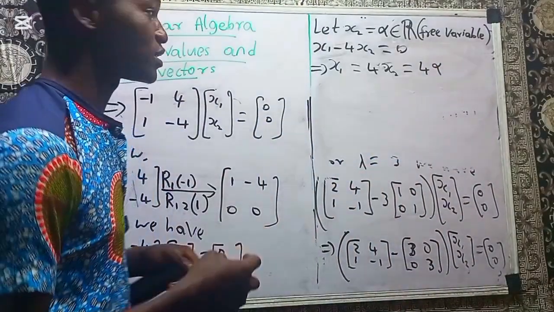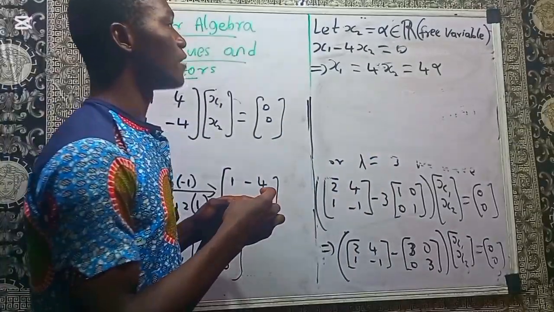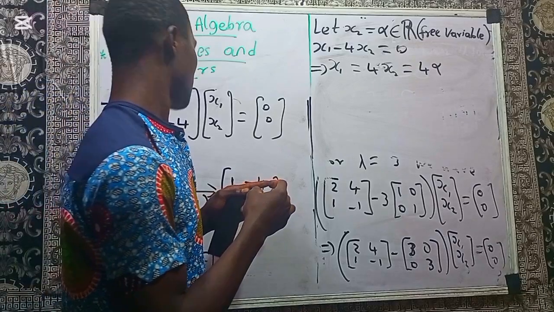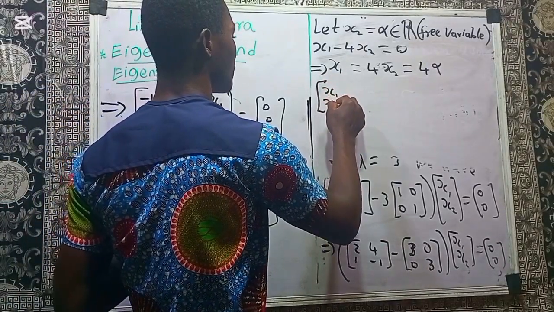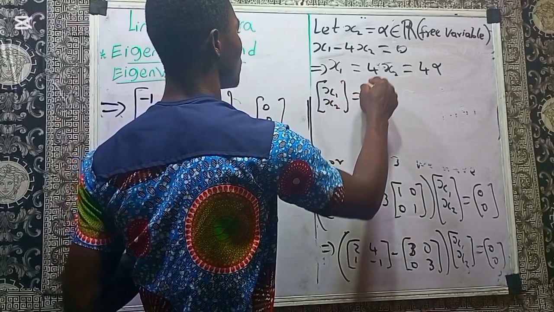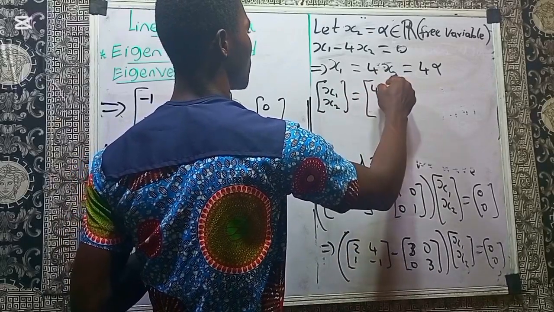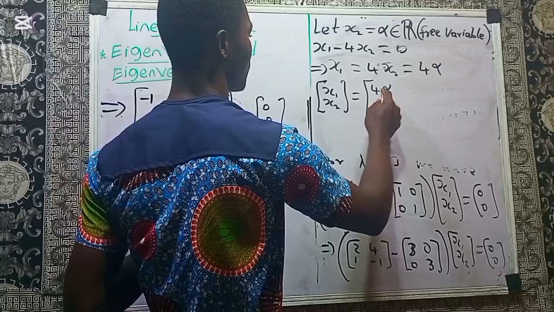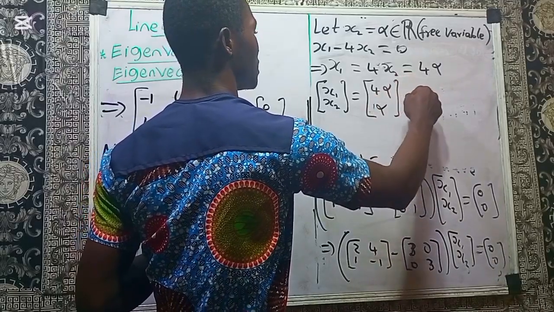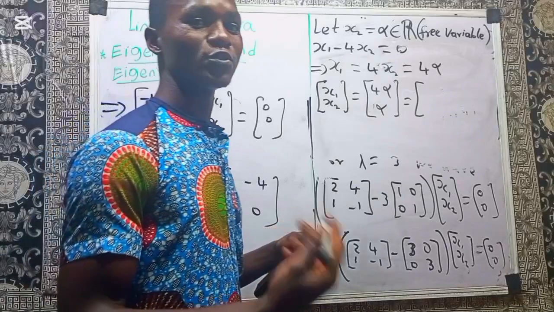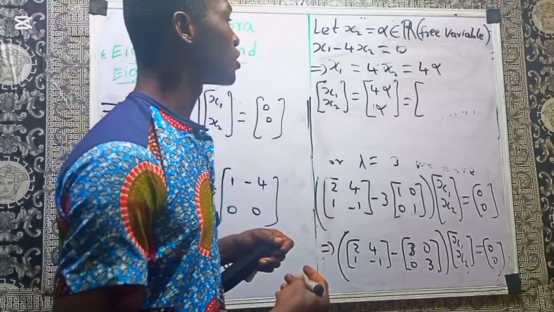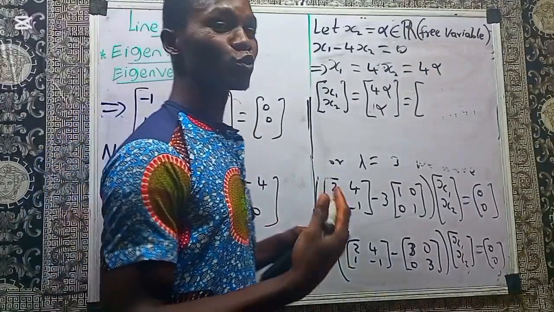So with this, we have gotten the values of x1 and x2. Our column vector with entries x1 and x2 will be equal to, your x1 is 4 alpha and your x2 is alpha. Alpha is just a real number. We are going to choose one alpha. Somebody can choose alpha to be 2, 3, 4, 5, and so on. But we will choose the simplest alpha.